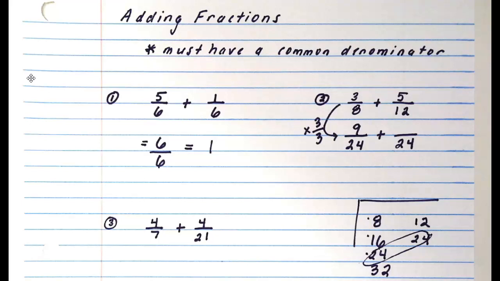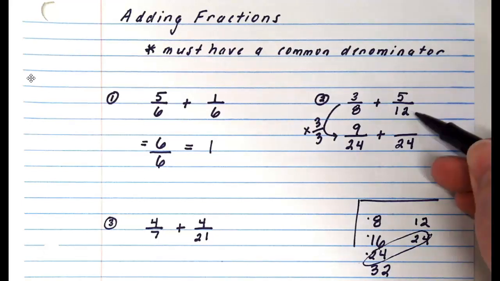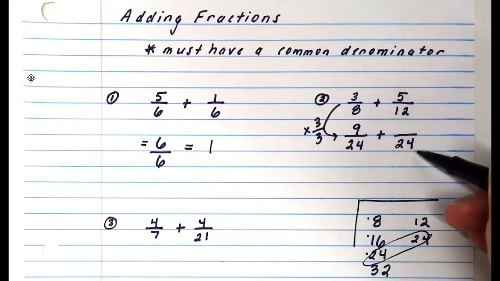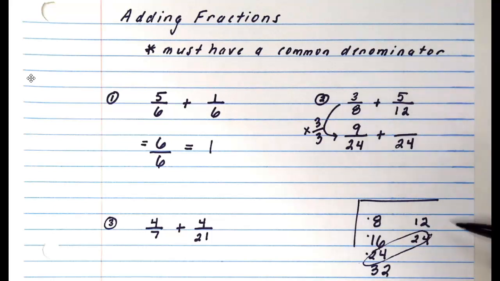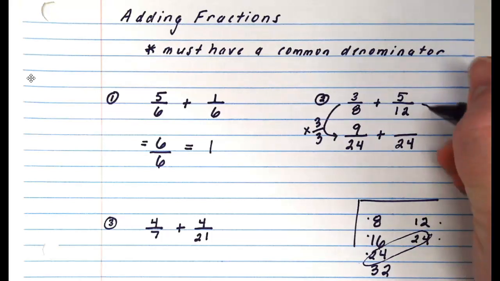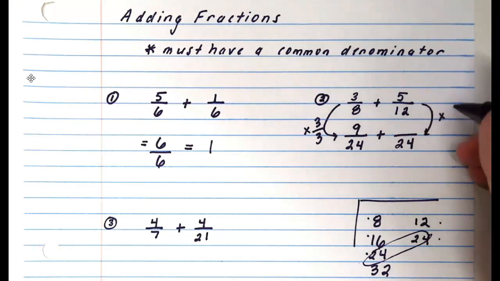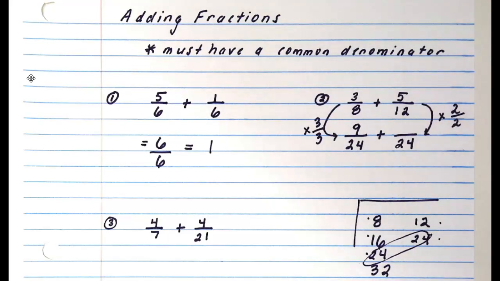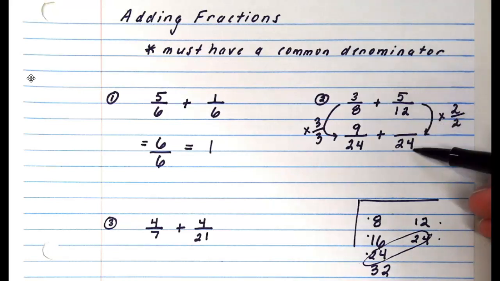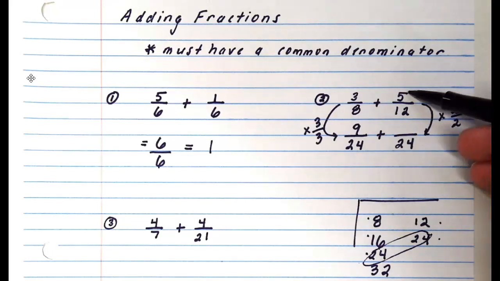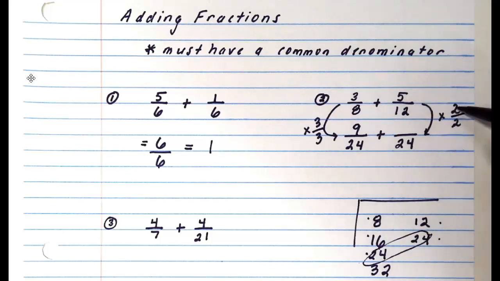So the second fraction, we have 12. And we need to make it a 24. And we know that 12 goes into 24 2 times. So we're going to multiply this fraction over here by 2/2. So 12 times 2 got us the 24. And we do the numerators, 5 times 2, which gets us 10.